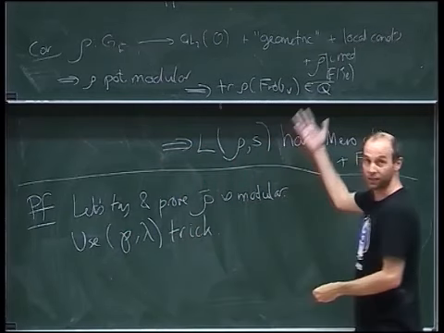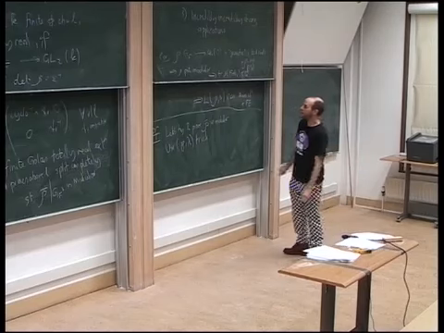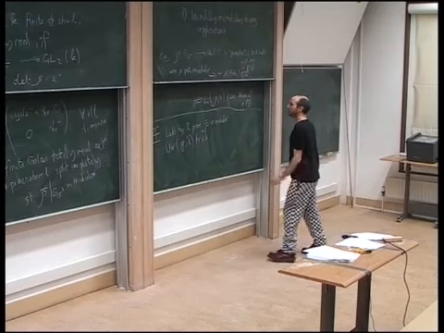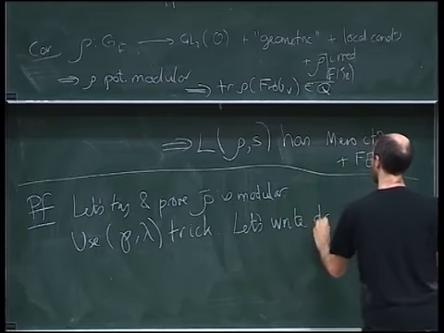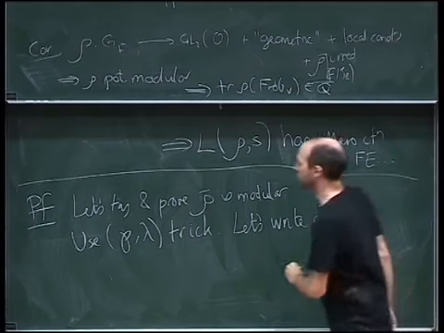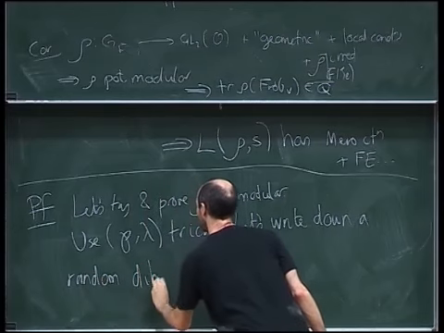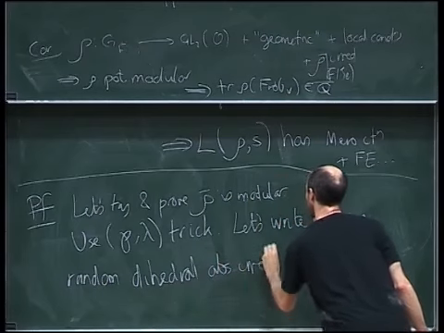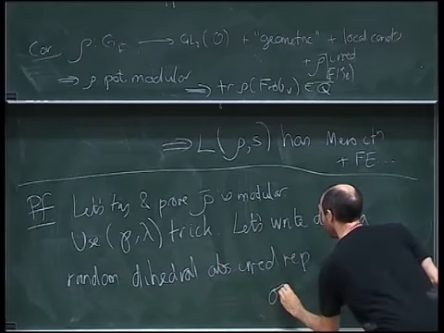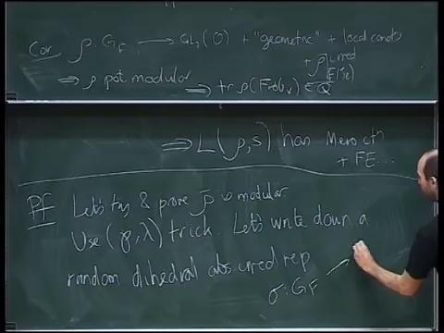That's the whole point of this talk, I've been trying to explain that there's this funny 3-5 trick. So here's how the PL trick is going to work. Let's write down a random dihedral, absolutely irreducible representation sigma from Gal(F bar over F) to GL2.